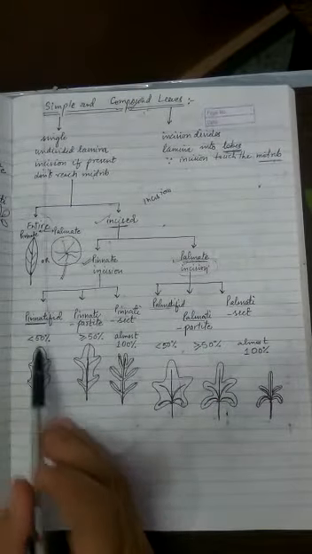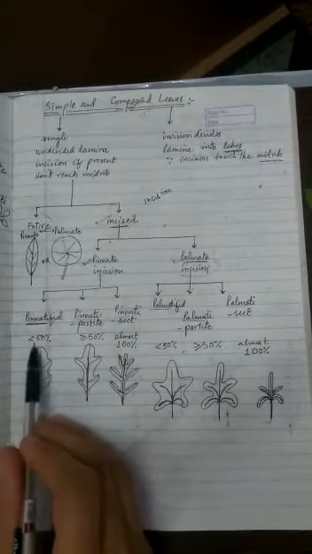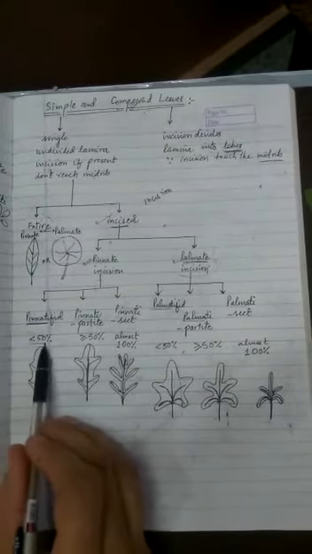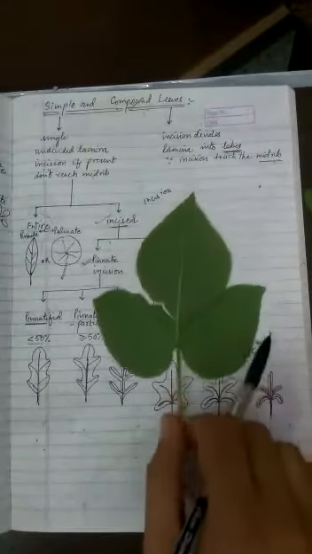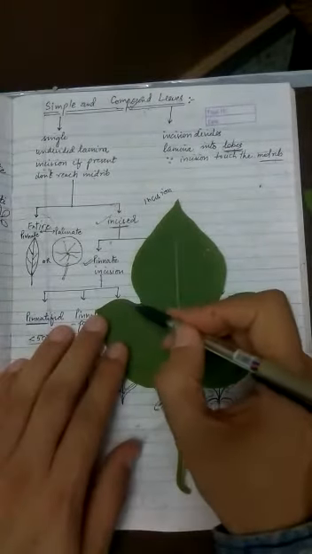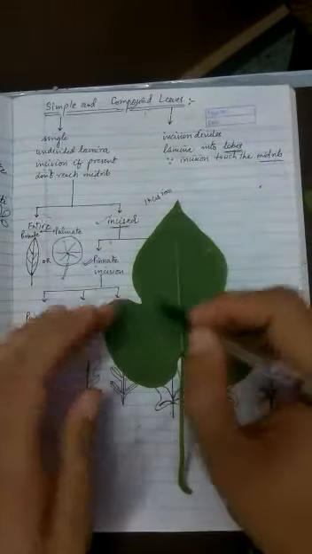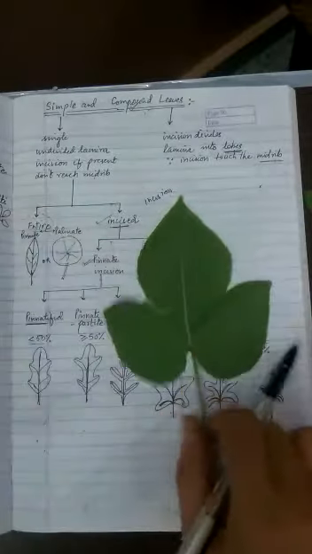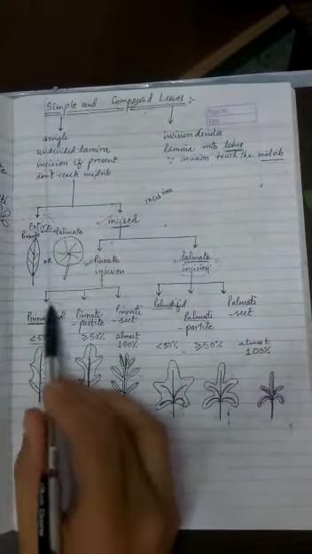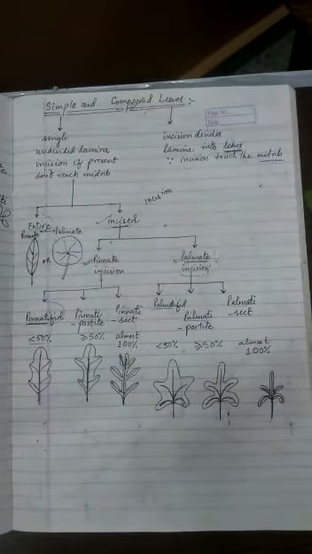If the incision does not reach the midrib and covers less than 50%, in this case you can see the incisions are present, but they do not cross 50% of the lamina. So you will call it pinnatifid.